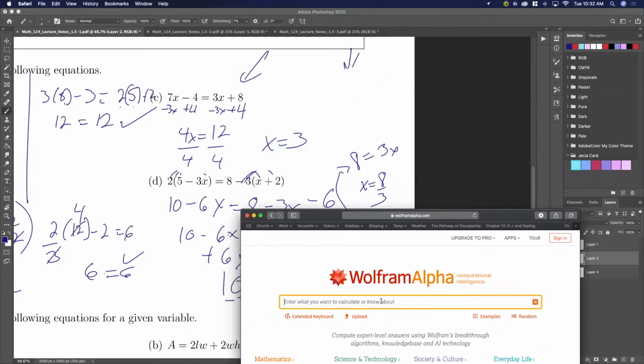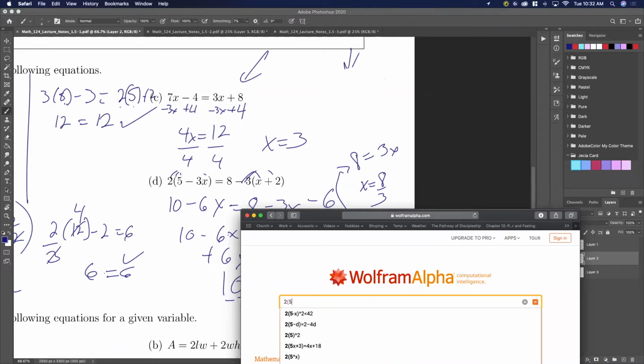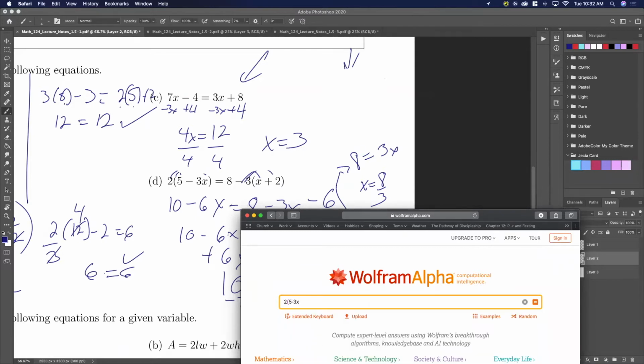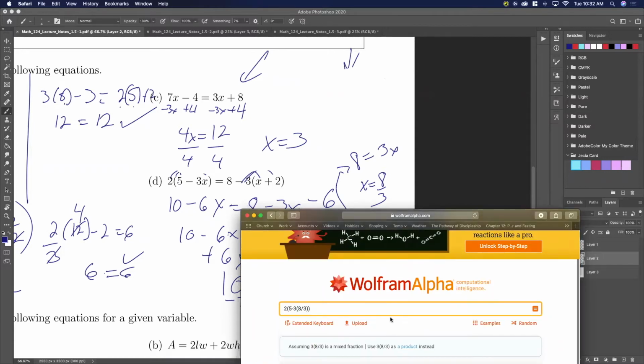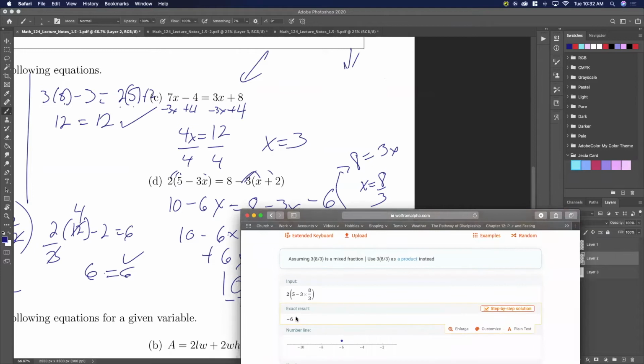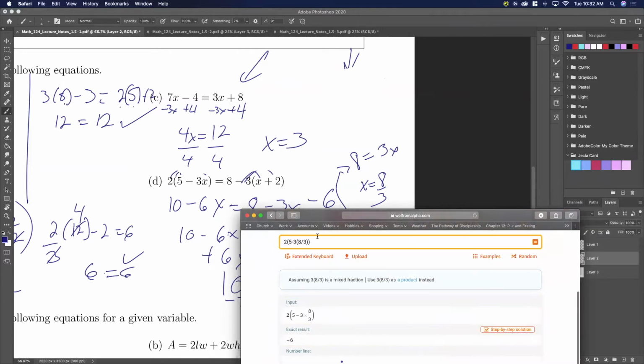So here we're just going to type in the left side. We're going to have 2 times 5 minus 3x, which for x here we're going to type in 8 divided by 3. And see what I get. Close that off. I get this to be minus 6. So that's good. Let's check the other side.